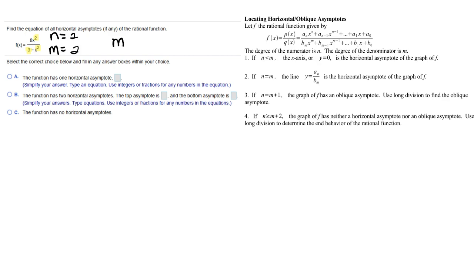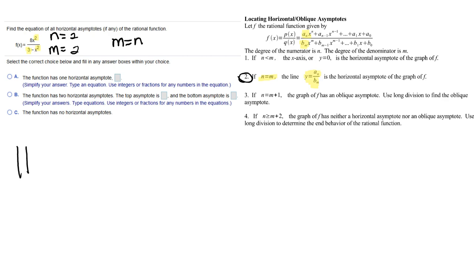So in this example, m and n are equal to each other, so that's case 2, where n is equal to m. We want to use the line y equals a sub n over b sub n. A sub n is going to be the leading coefficient. B sub n is the leading coefficient for the denominator.